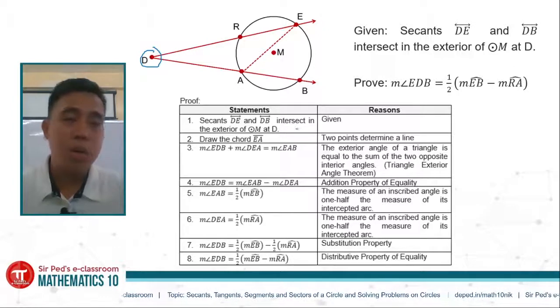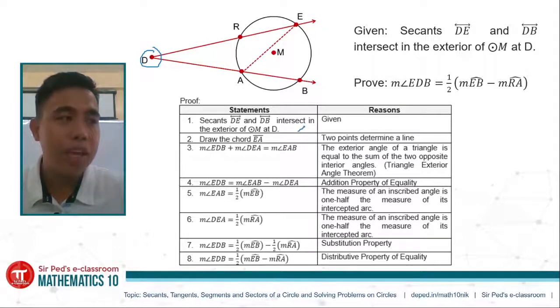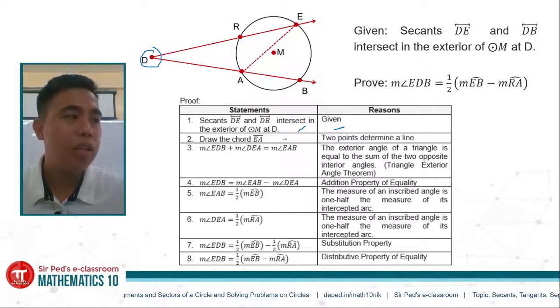So we're going to prove this by two-column proof. First, write the given, and the reason is given. Next, we connect point E and point A. Reason: two points determine a line. Then the measure of angle EDB, plus the measure of angle DEA, so where is DEA?